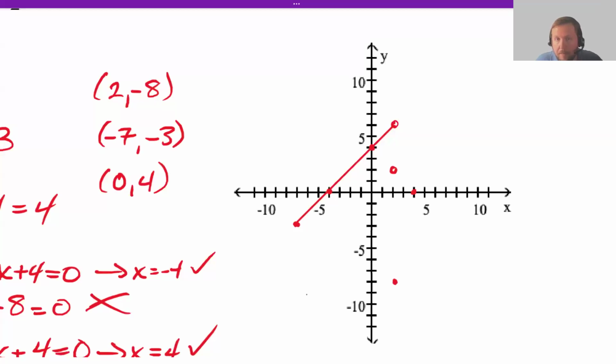And then it jumps back up to this open circle, and it's just going to look like a linear function going down that way forever. We can make that line just a little bit better. All right, it's deciding not to straighten it out for me, so we'll just live with it.